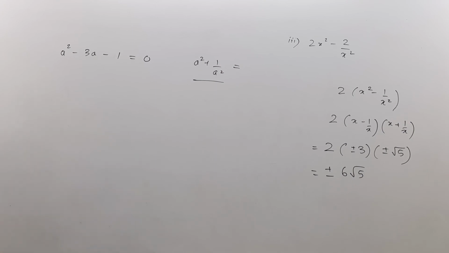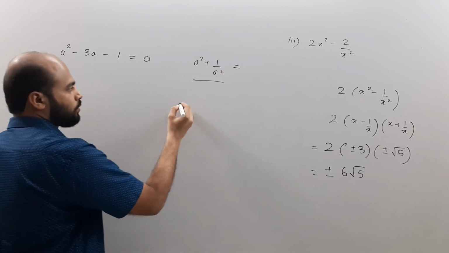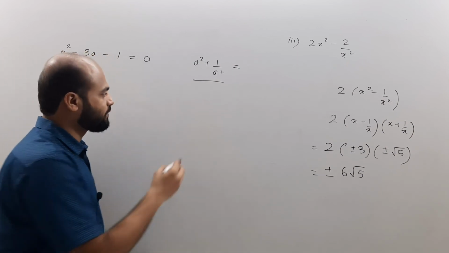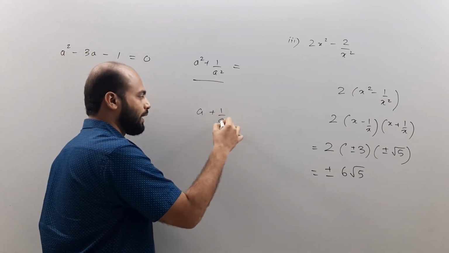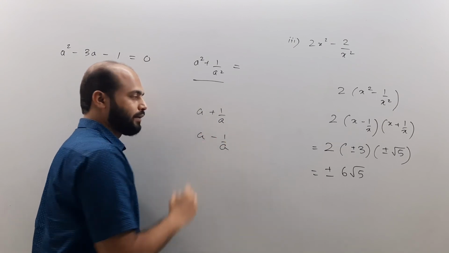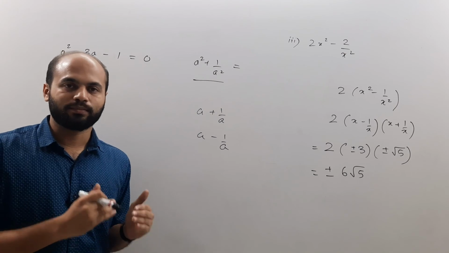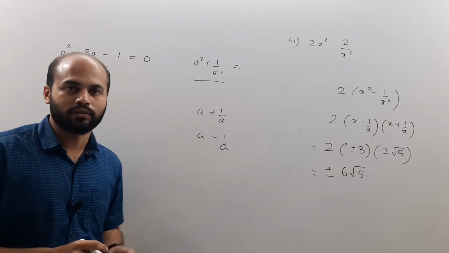The best way would be, you can see that the moment we started doing such expressions, we had expressions like a plus 1 by a, a minus 1 by a. So now we have to try and come to this expression.